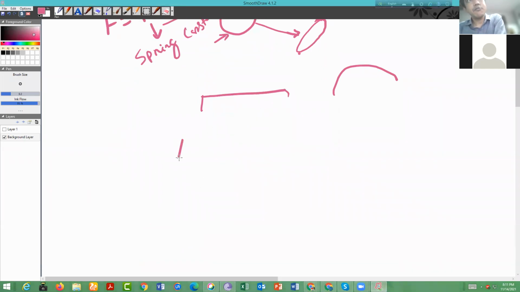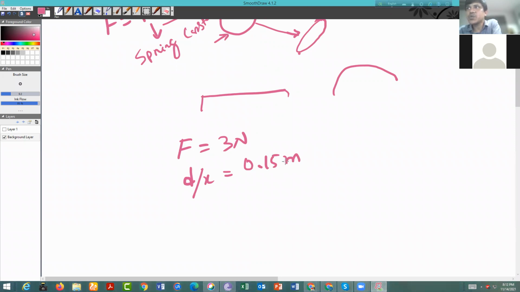Force equals 3 Newton applied to a spring. The spring stretches reversibly by a distance x equals 0.15 meter. The fact that the spring stretches reversibly means that it will go back to its normal shape after the force has been removed.